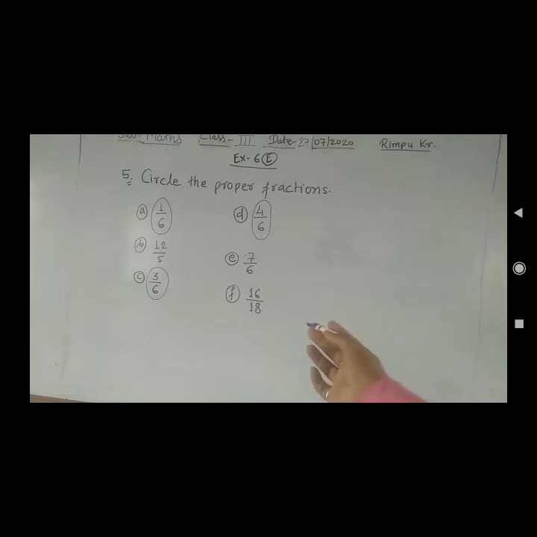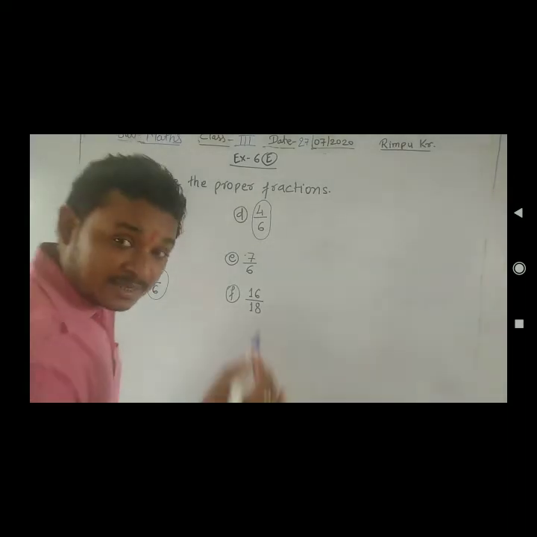Okay, in 16/18, the numerator is 16 and the denominator is 18. By this way we can see that 16/18 is a proper fraction. So according to the question, circle it. Okay guys, done. Just complete it fast.